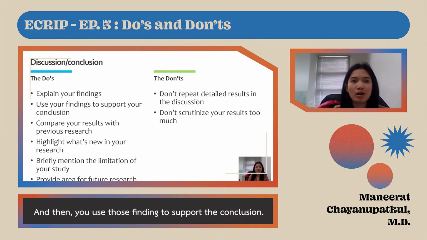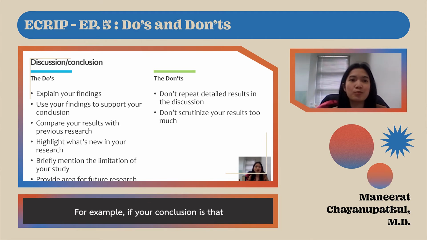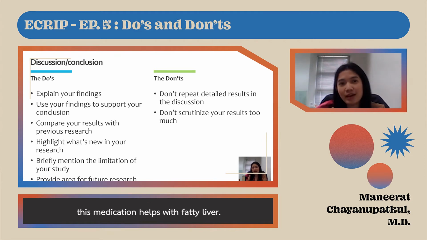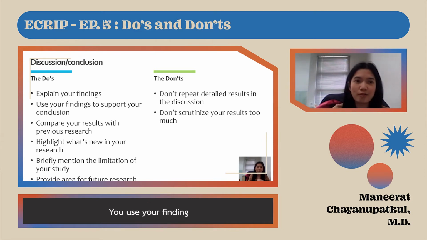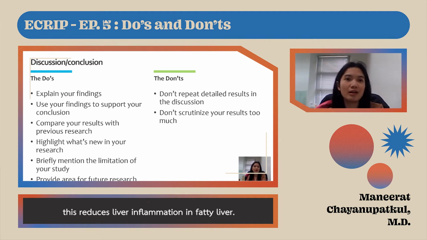And then you use those findings to support your conclusion. For example, if your conclusion is that this medication helped with fatty liver, you use your findings to say why this means that it reduces liver inflammation in fatty liver.